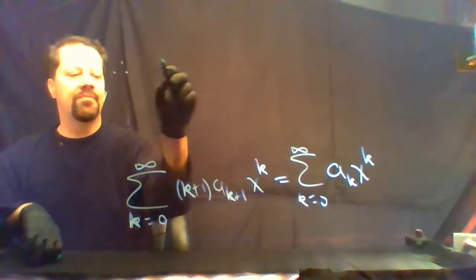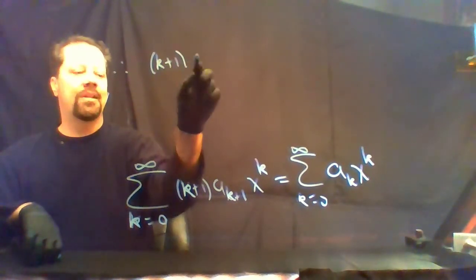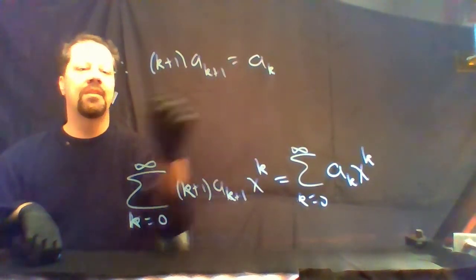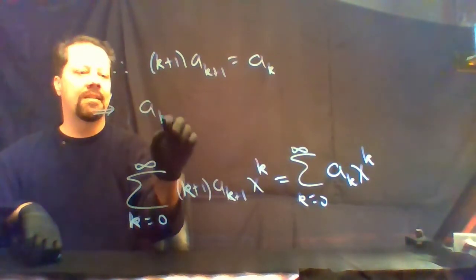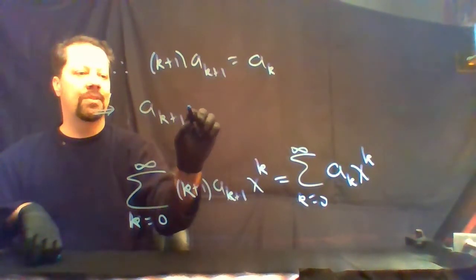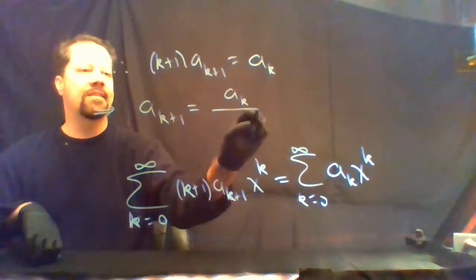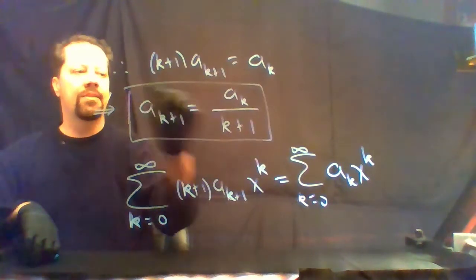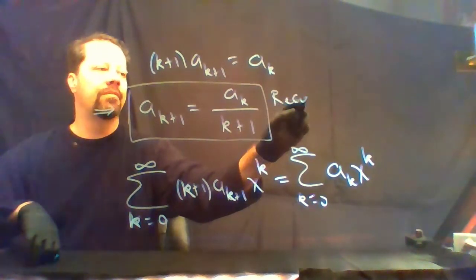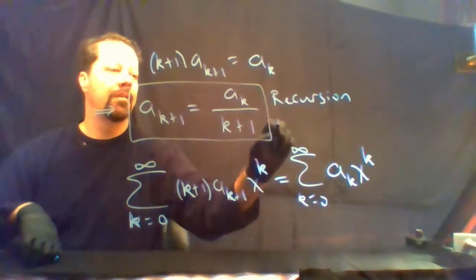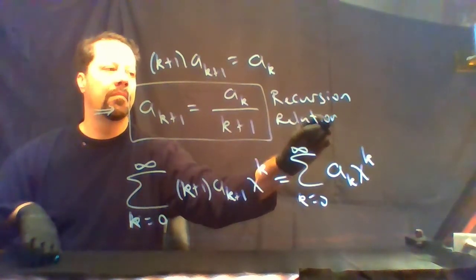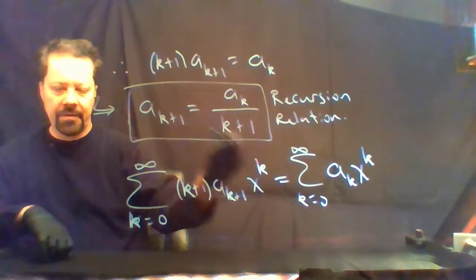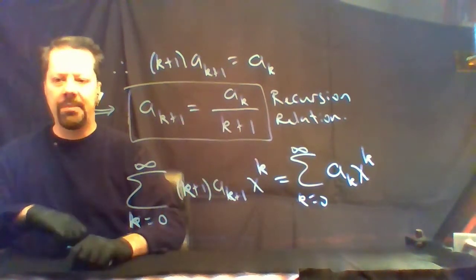We deduce then that k plus 1 a sub k plus 1 is equal to a sub k, which implies the new index a sub k plus 1 is going to be the previous index divided by k plus 1. This is called a recursion relation. We determine the further indices down the line by the previous indices.